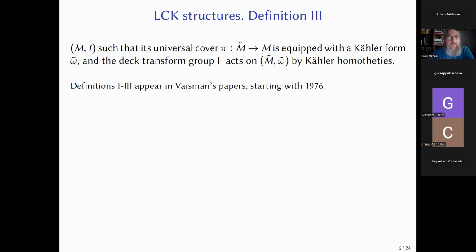Vaisman really gives just the definition with d omega equals theta wedge omega. But then he comments, and in subsequent papers, you find this as a remark.